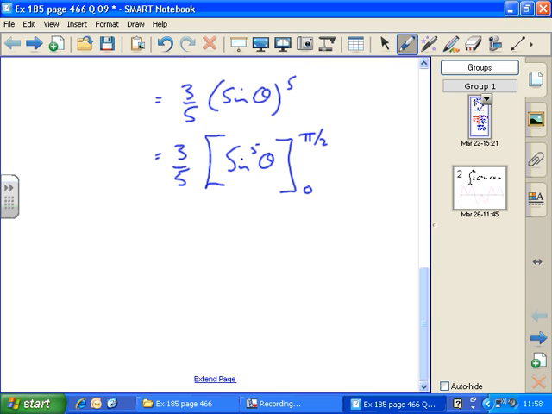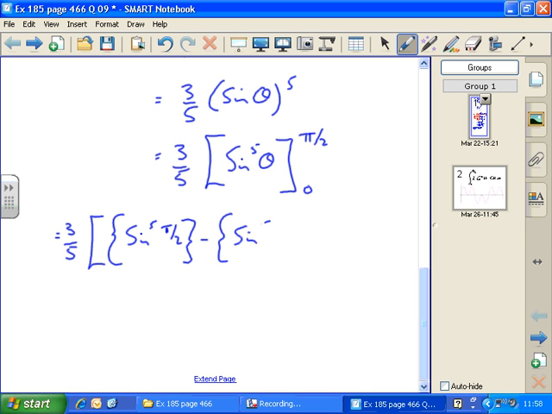So this means we get 3/5 of sine to the 5 of pi over 2 minus sine to the 5 of 0. Well, sine of 0 is 0, so sine to the power 5 of 0 is still 0. So that term's disappeared.